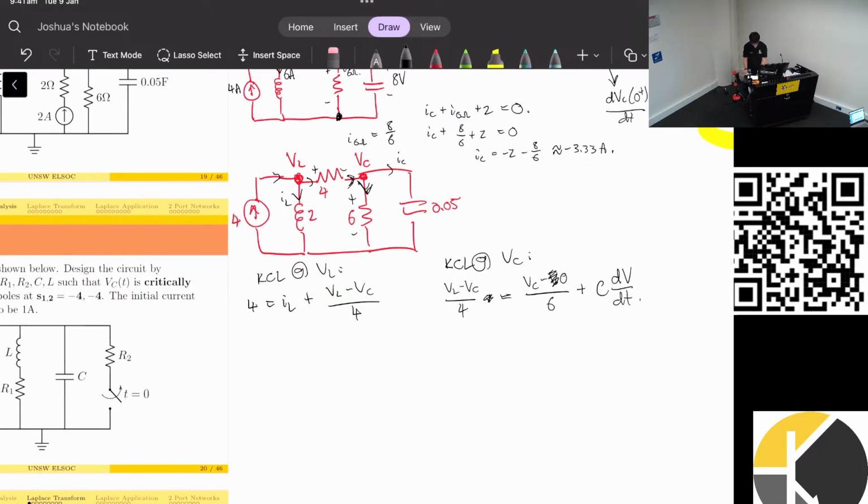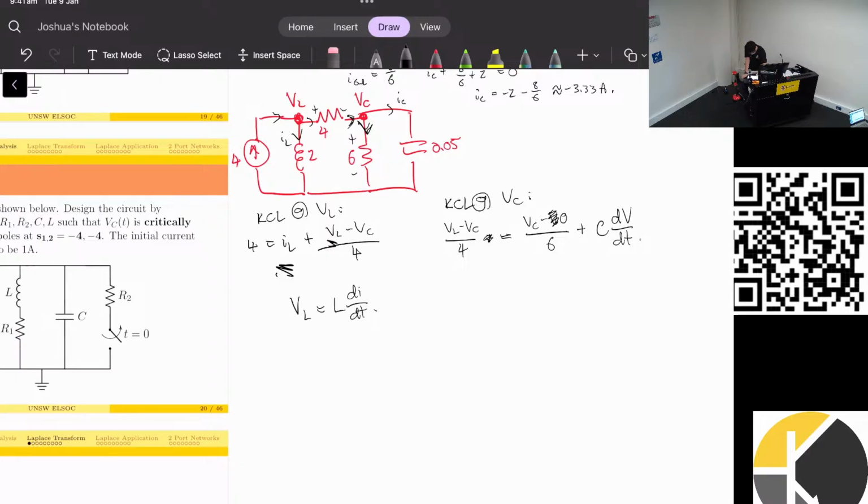Great. So I have two equations, and the thing I want to get rid of is this VL and this IL here. So I'm going to use another property that we know, which is VL equals L dI/dt. Then I know that the current IL is equal to 1 on L, the integral of VL dt.